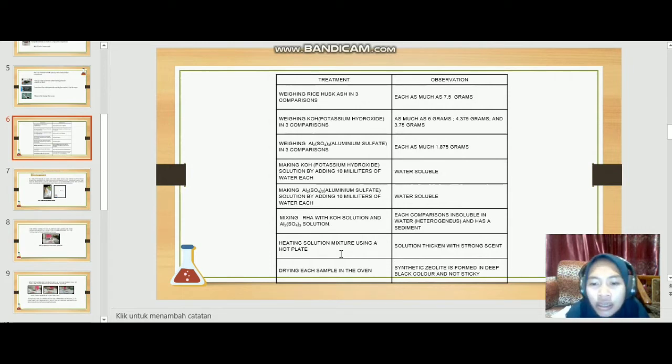Observation: the solution thickened with a strong skin. Treatment: drying each sample in the oven. Okay, observation: synthetic zeolite is formed in black color and is not sticky.